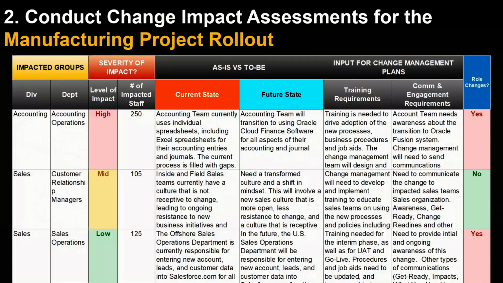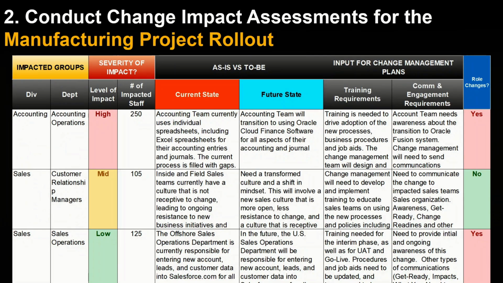The second assessment for your manufacturing project change management is a detailed change impact assessment, which helps you and the team to understand what is changing, who is impacted, and the level of impact by function or role.